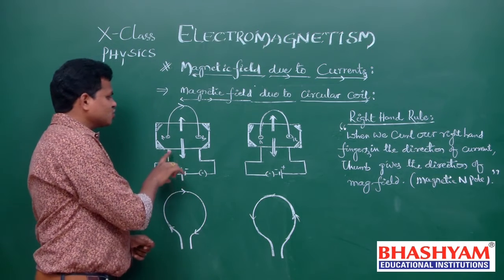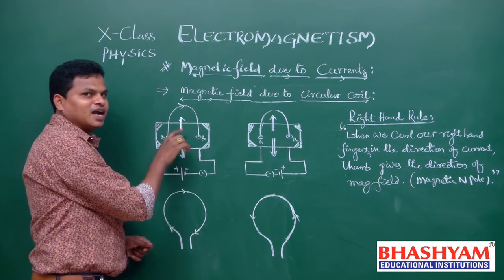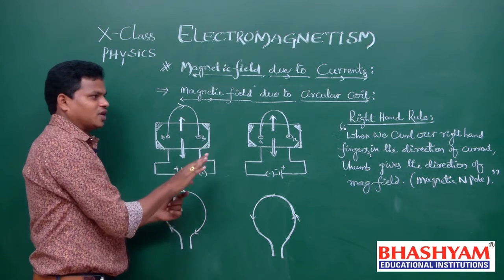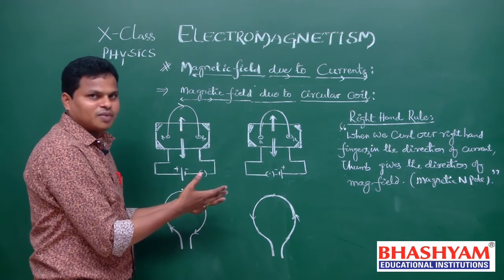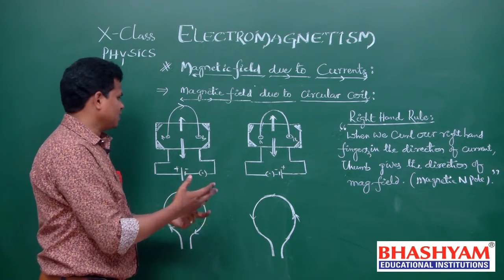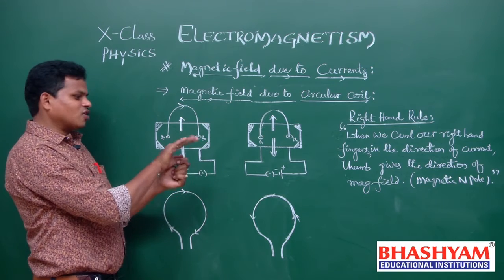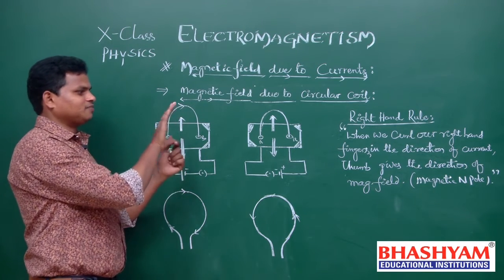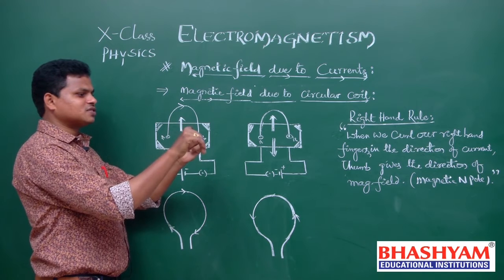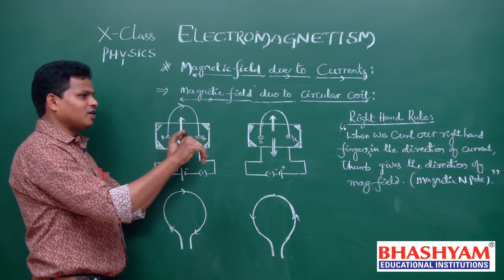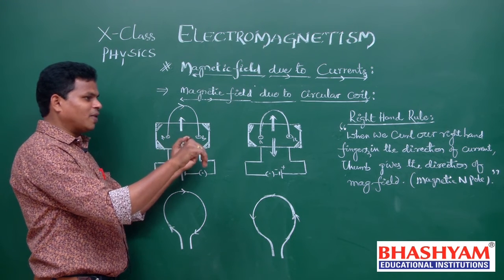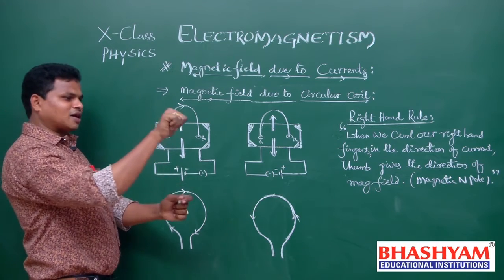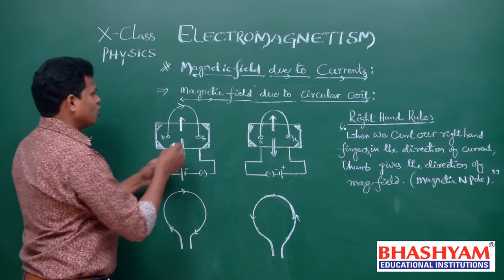Whenever the current passes through the wire, a magnetic field is produced. Now what is the direction? By using the right hand rule you can say the direction of the magnetic field for the circular coil. Now these are the curled fingers in the direction of current, and the thumb gives the direction of magnetic field and the direction of the magnetic north pole; this is the north.